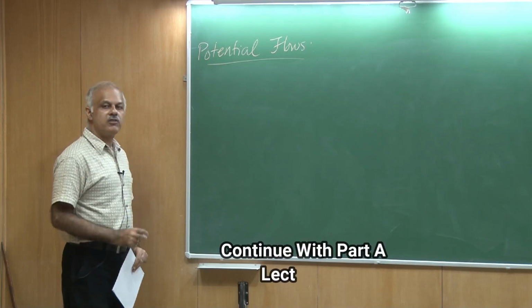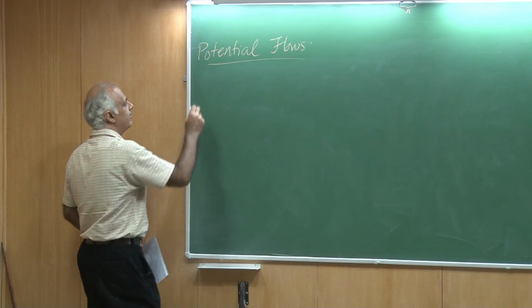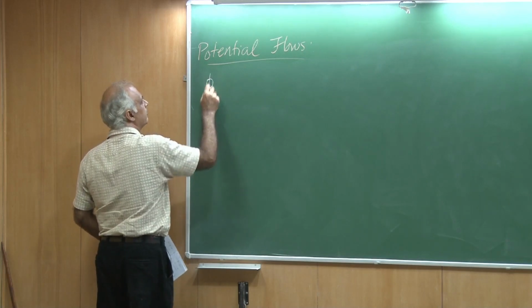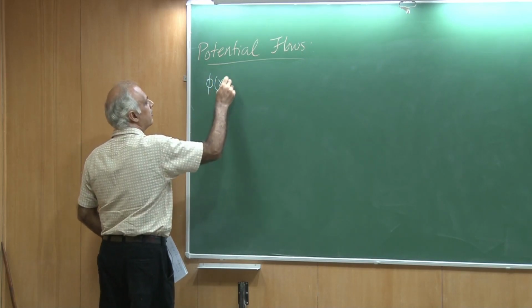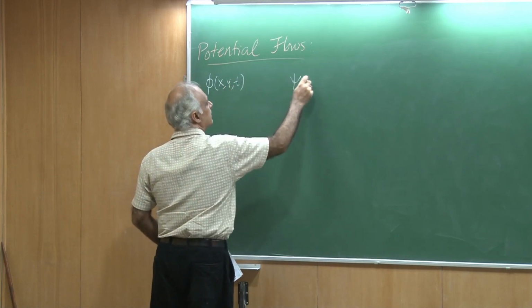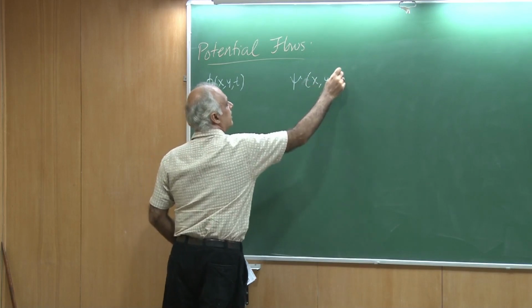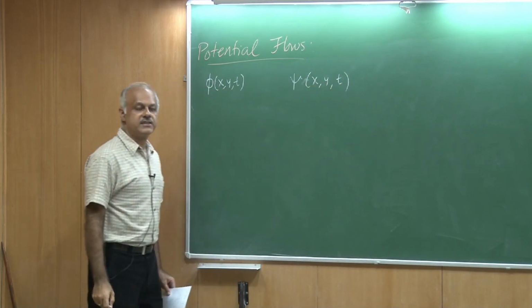So, suppose we have solved the Laplace equation and we have got the solution phi as a function of x, y, t, and we have also got psi as a function of x, y, and t in 2 dimensions.